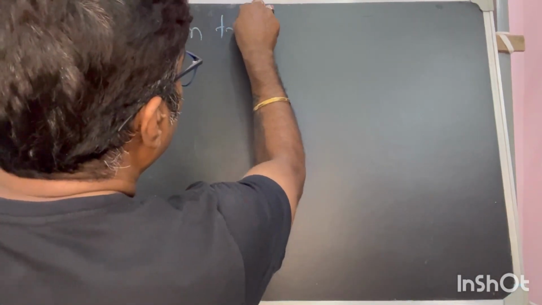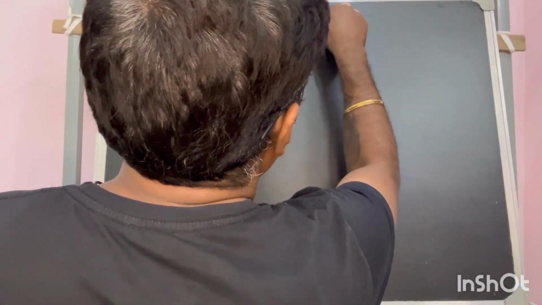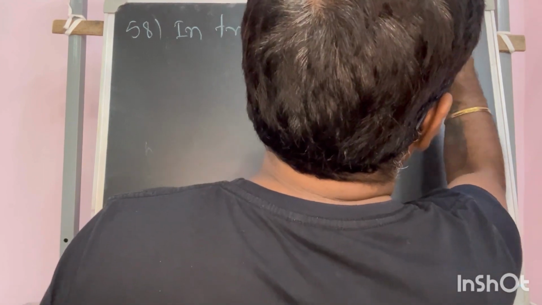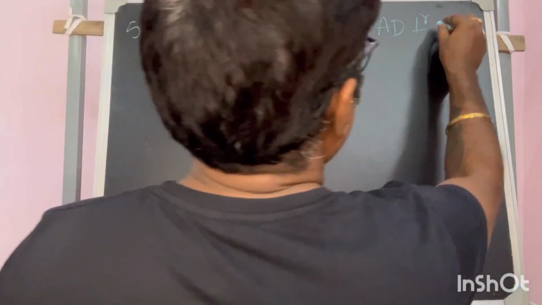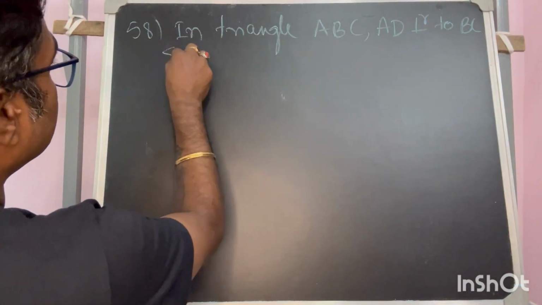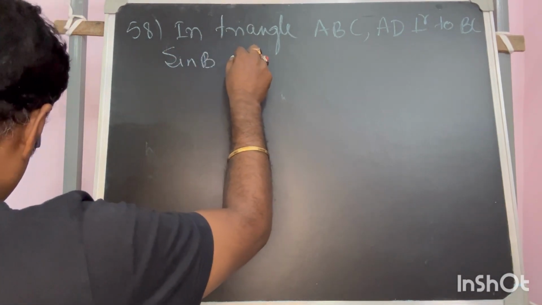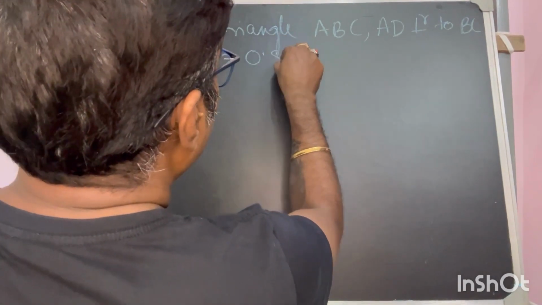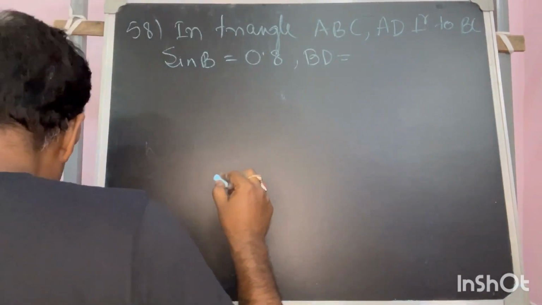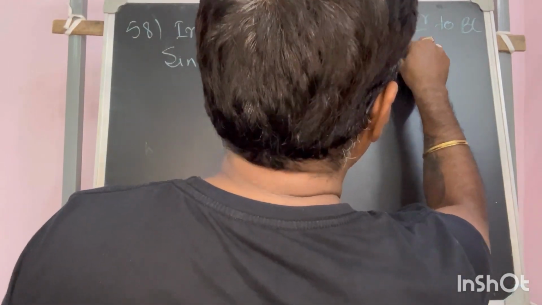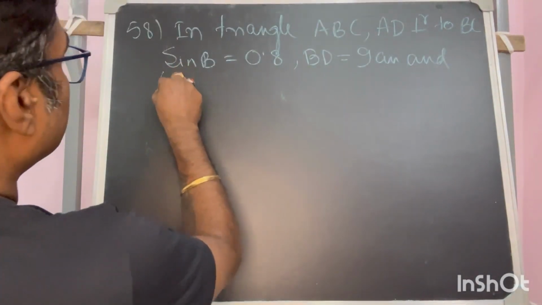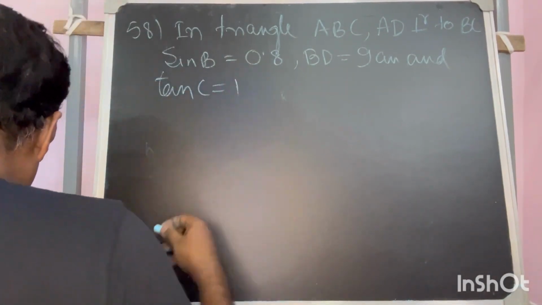In triangle ABC, AD perpendicular to BC, sin B is equal to 0.8, BD is equal to 9 centimeter, and tan C is equal to 1.